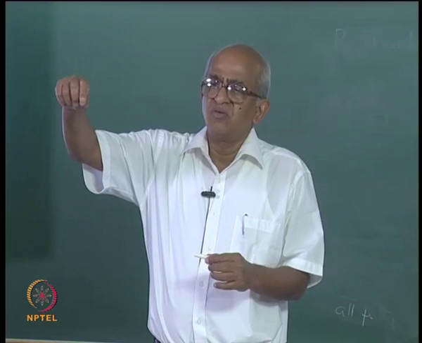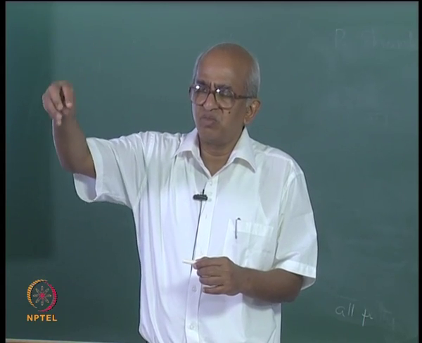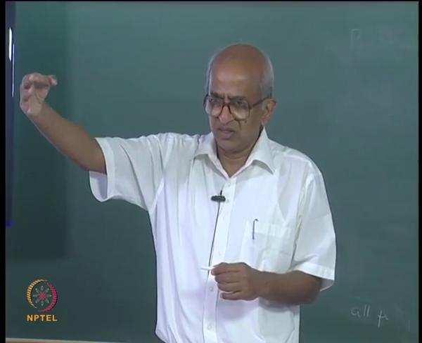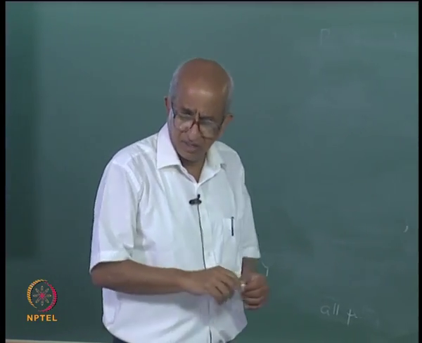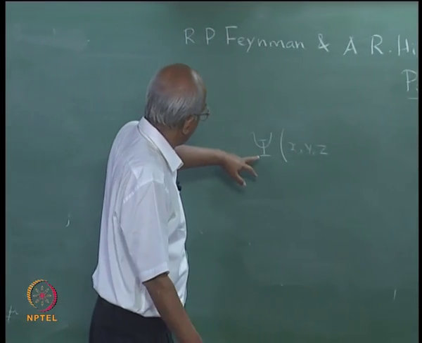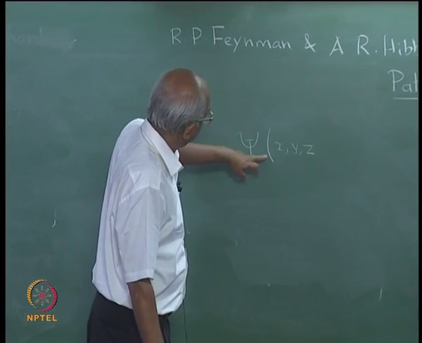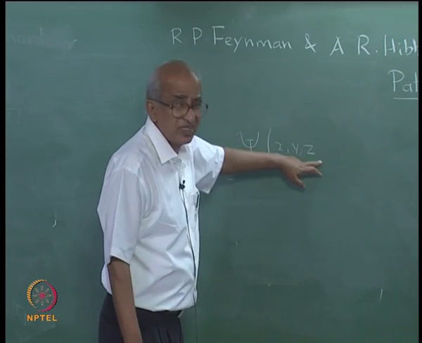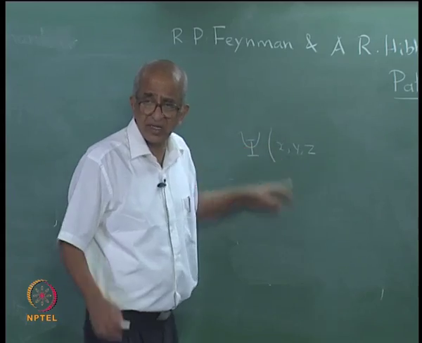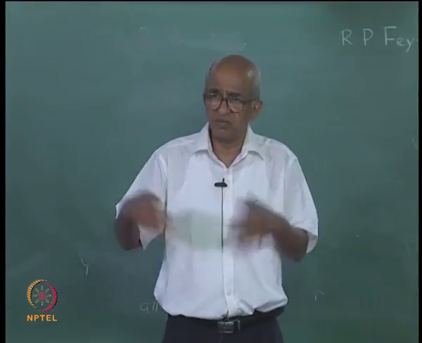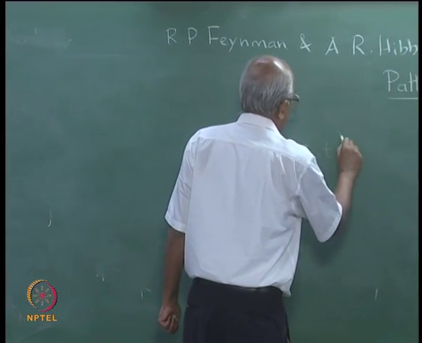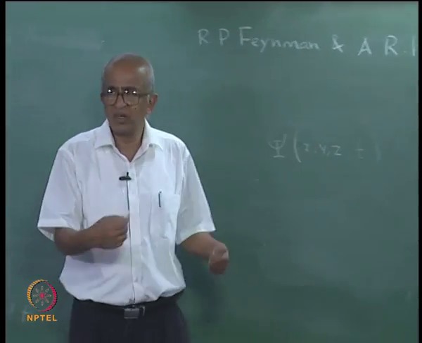To specify this electron's position in space, I will need 3 Cartesian coordinates, x, y, z. Then the wave function will be a function of these 3 position coordinates. But not only that, as time passes, the wave function may change, and it will depend upon time.